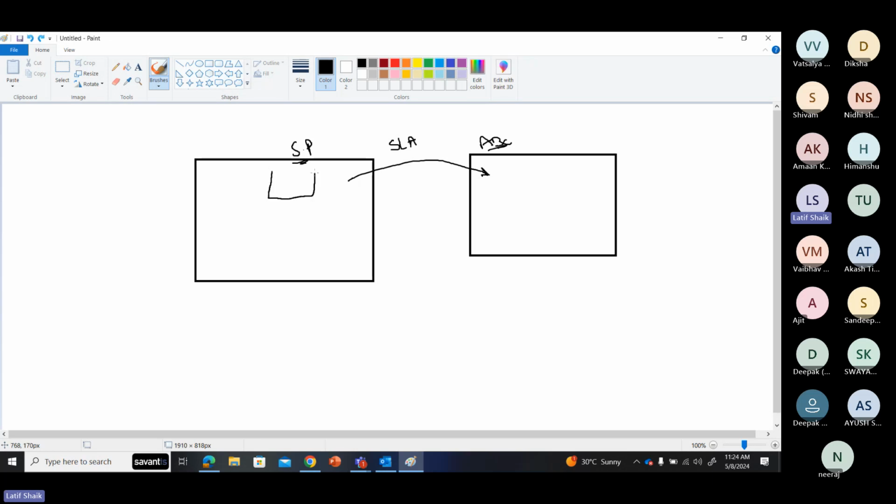Next, the business unit person or delivery manager is given this SLA, right? So this is the service we are going to provide, and this person will give it to the specific IT team who is going to handle this project.